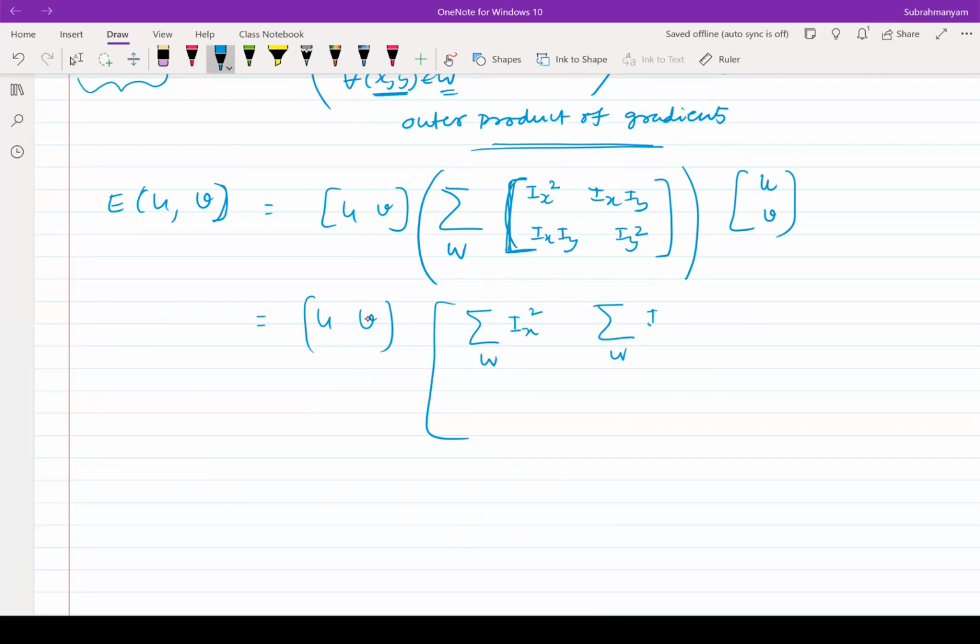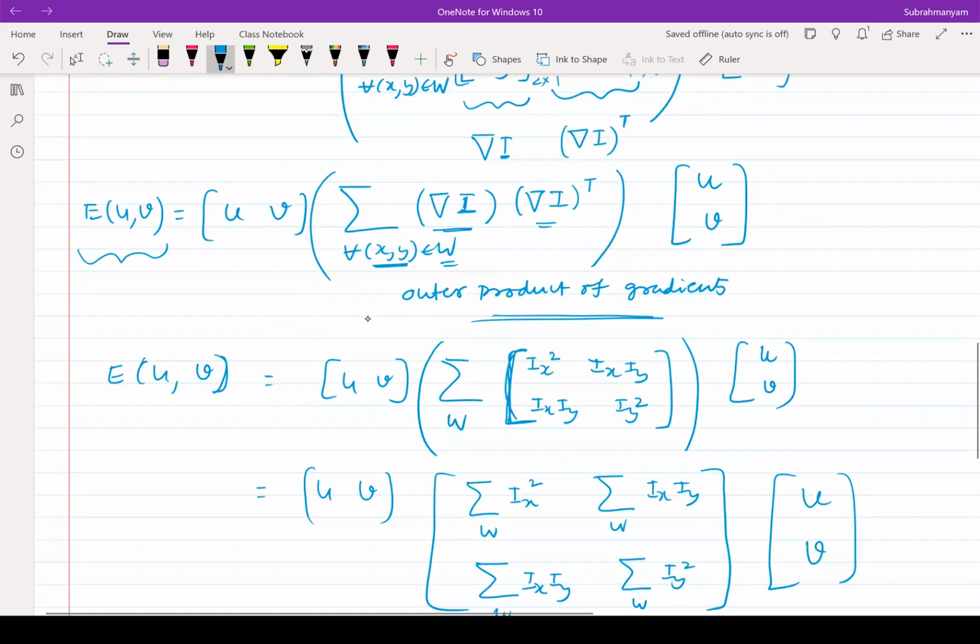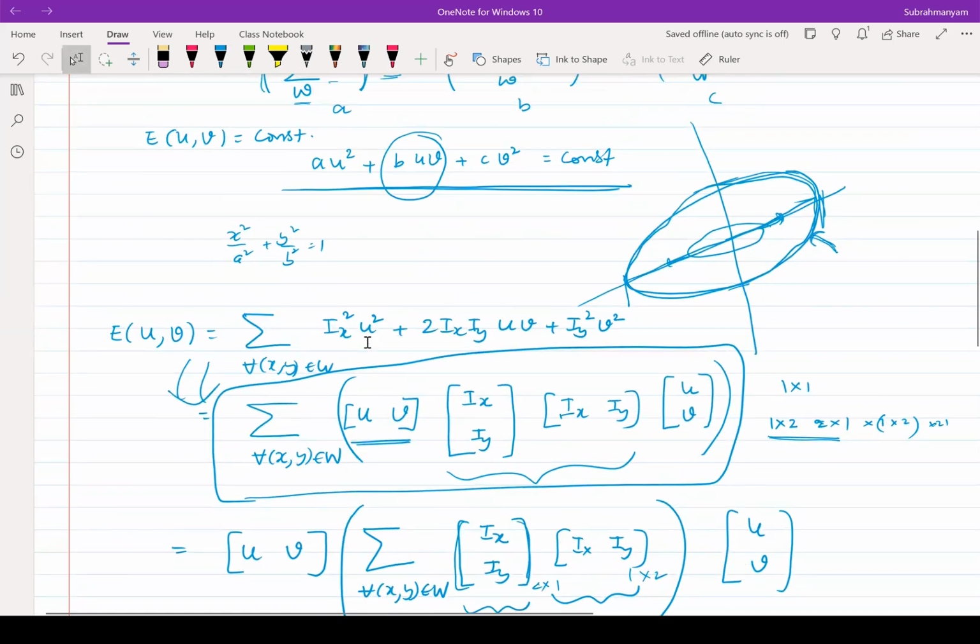Over the window, I compute for each pixel the Ix Iy derivatives, multiply, and sum them up. Same here, that would be the second row, first column, and here the sum over the window of Iy square. And then I multiply the resultant matrix with u, v. You could see here 1 cross 2, 2 cross 2, 2 cross 1, giving 1 cross 1, would exactly give me this expression.